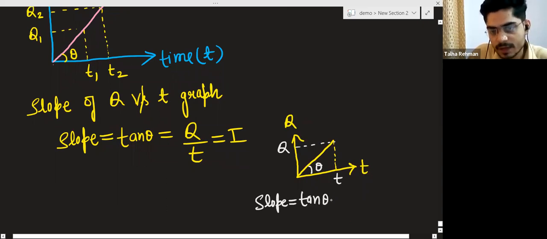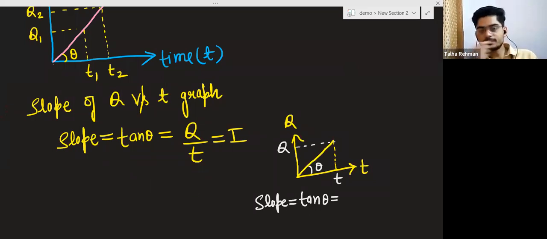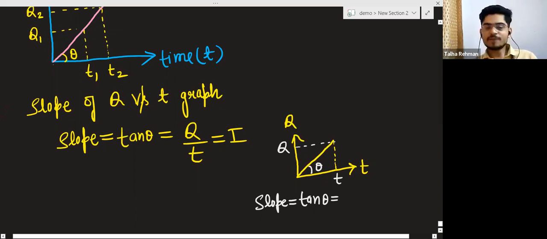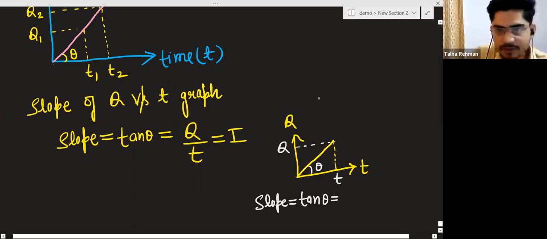From the trigonometry of 10th class, tan theta is sine upon cos, but if I am talking about the triangle, I can also write it as perpendicular upon base.